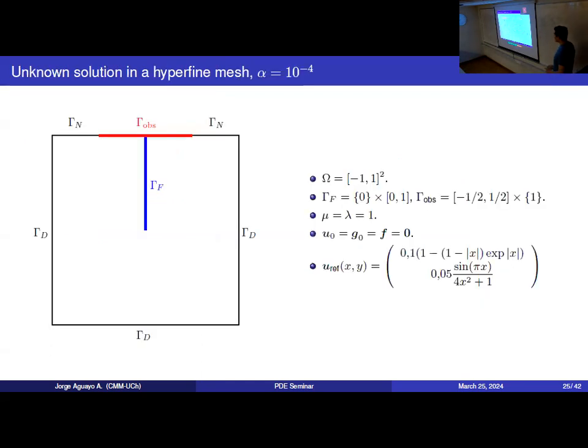In the second example, the idea is to not have a real solution, so we test in a very refined mesh, hyper refined, and impose some results. So we have some U reference fixed in gamma, in this part, in the observation region. And we pose U, G, and F equal to 0. So all the boundary conditions are equal to 0.